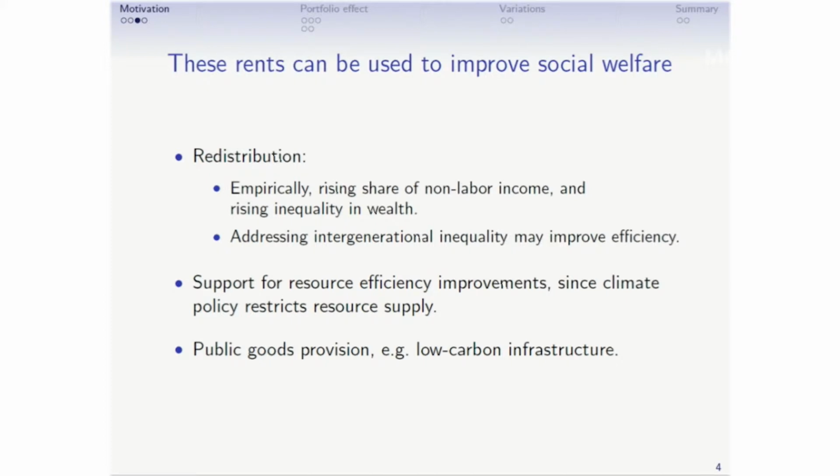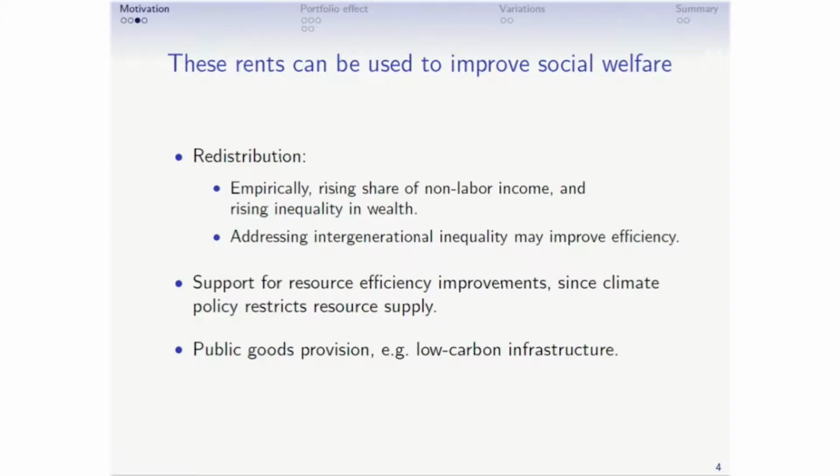Now, it has recently been back on the agenda with the book of Thomas Piketty, who showed that empirically there's a rising share of non-labor income, or that non-labor income becomes more important, and also that there's a rising inequality in wealth. And although he does not specifically focus on rent taxation, this certainly puts distribution back on the political agenda. What I'm going to address here a little bit is that addressing intergenerational inequality may also improve efficiency.